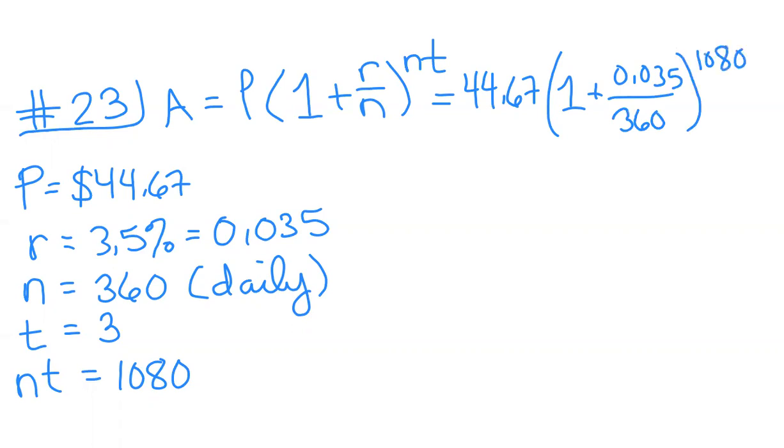Okay, so 0.035 divided by 360, enter, plus 1, enter, raised to the power 1080, enter, multiply by 44.67, enter. This gives me a value of $49.62.